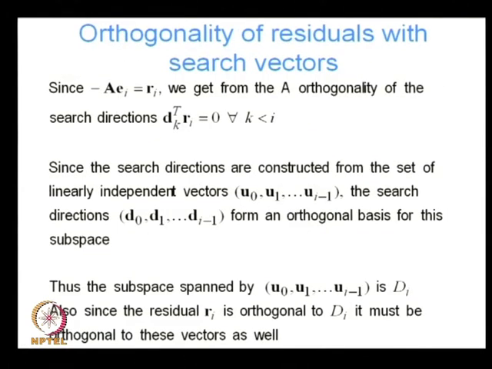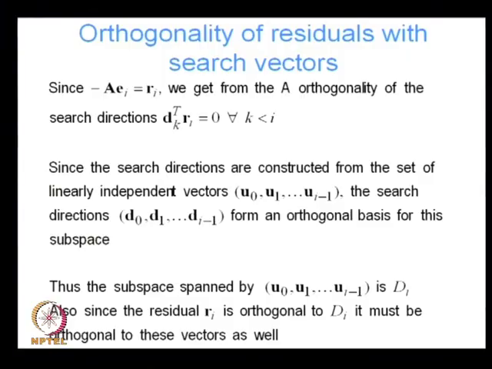Then, since the search directions are constructed from the set of linearly independent vectors u_0 through u_(i-1), this means that the search directions d_0 through d_(i-1) form an orthogonal basis for this subspace. Thus, the subspace spanned by u_0 through u_(i-1) is D_i.